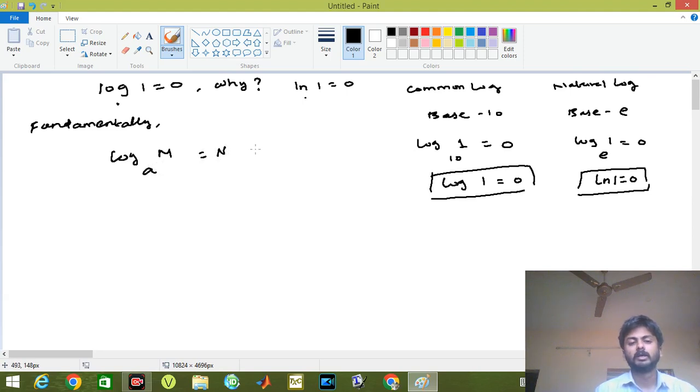This form is called logarithmic form. I shall write here, logarithmic form will give you the equivalent exponential form, that is a power n equal to m.